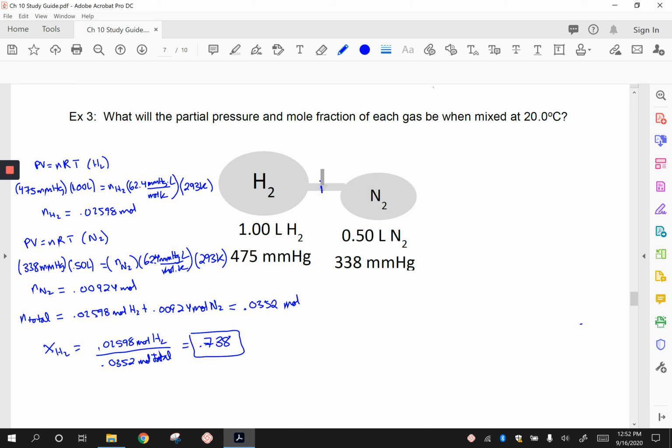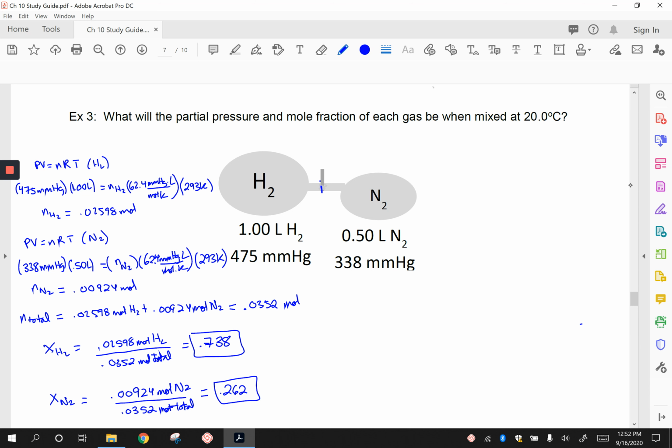I'm going to do the same thing for the nitrogen. It's going to be the moles of nitrogen, 0.00924 moles of N2 divided by the total, 0.0352 moles total. This gives me 0.262.